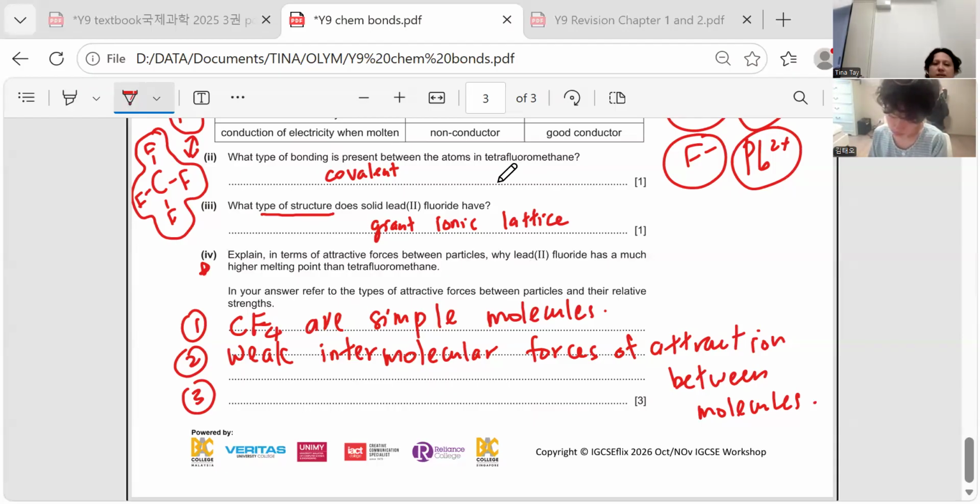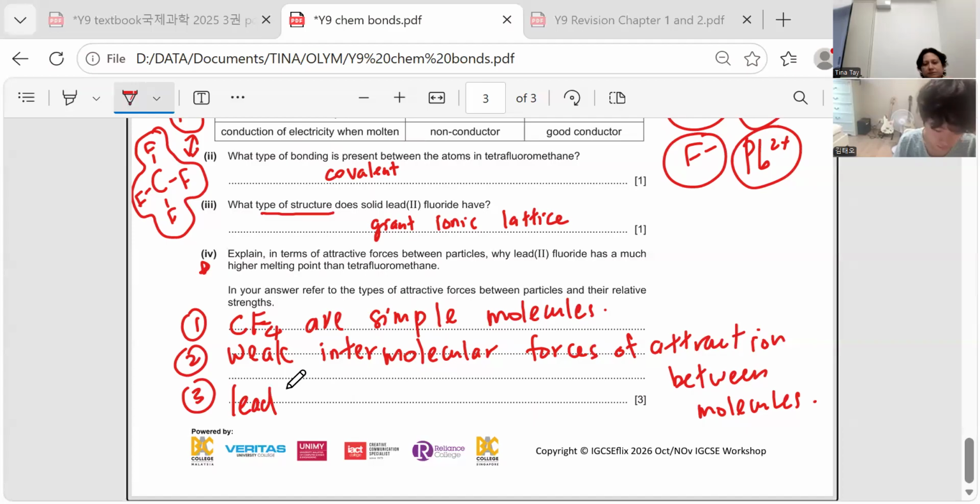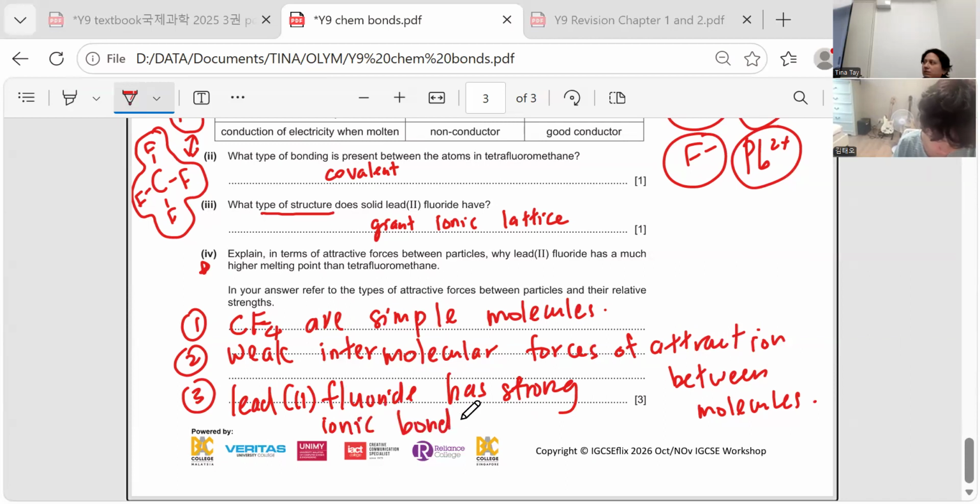But the third one, lead 2 fluoride, has strong ionic bonds.